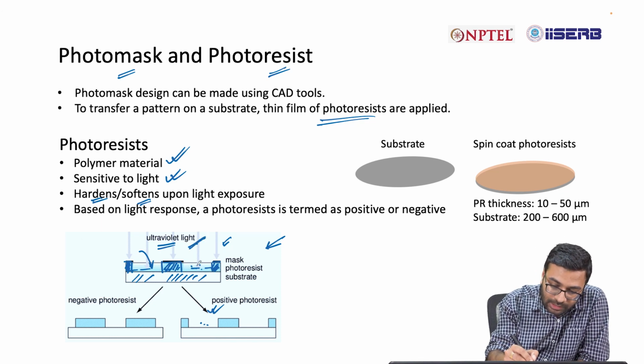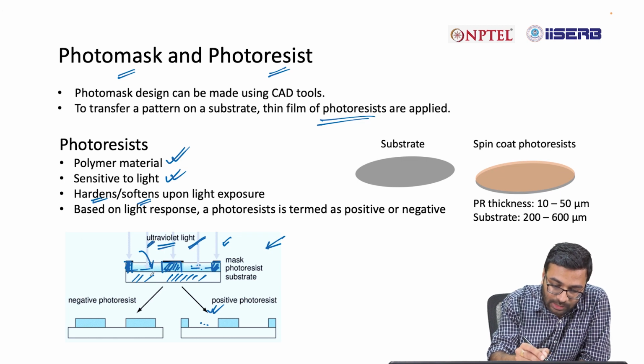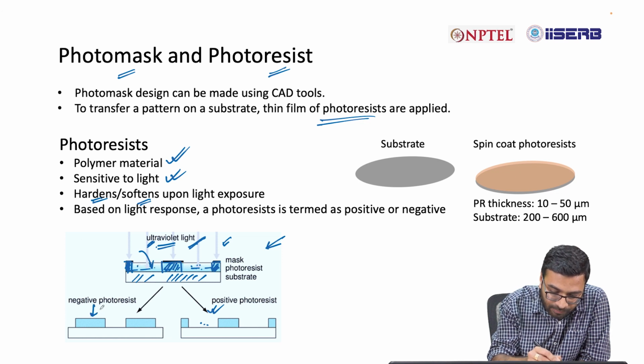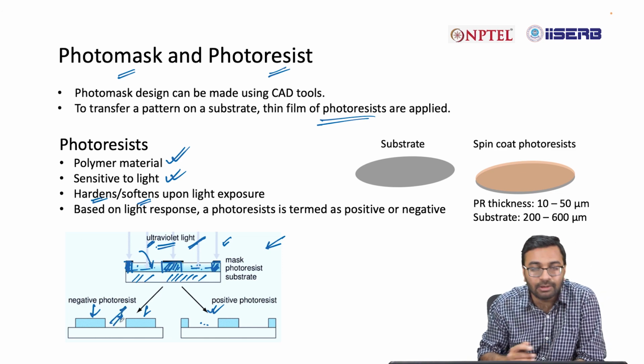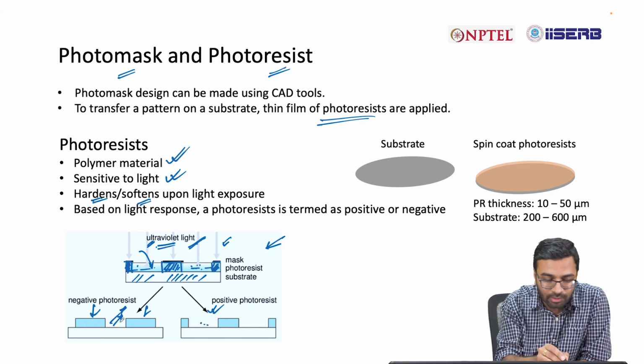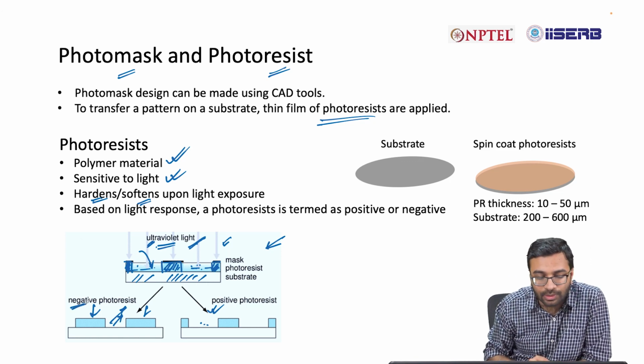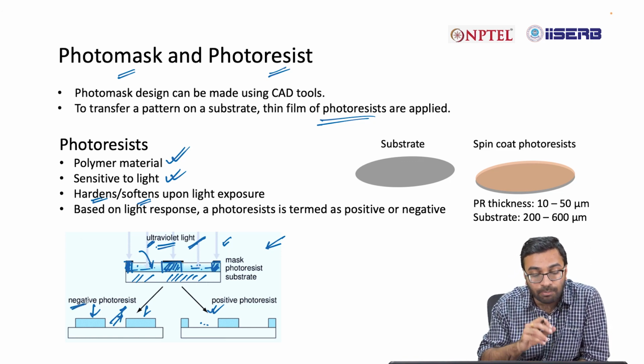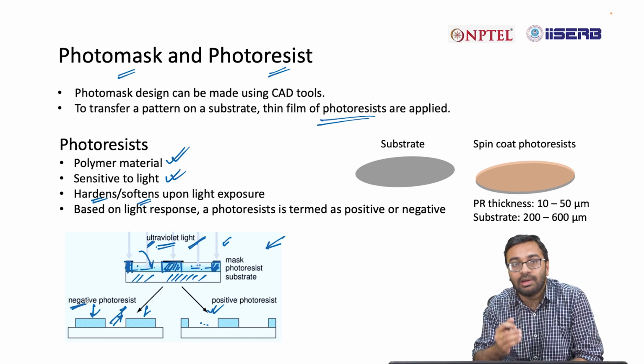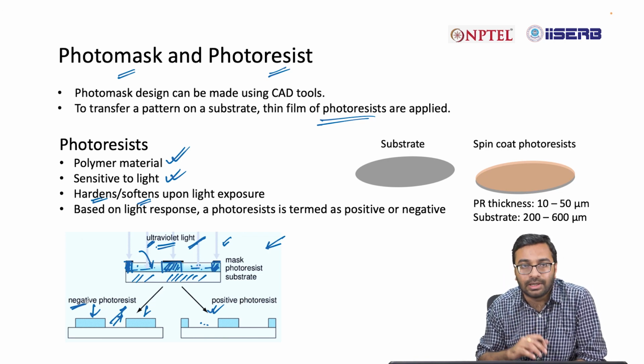Now, if the polymer gets hard when it is interacting with UV light, you will find after development, whatever is exposed to the UV light will remain like this, and what was below the mask will get washed away, because this is relatively softer. Then we call it a negative photoresist. In the case of a negative photoresist, the polymer becomes hard when it interacts with the UV light.